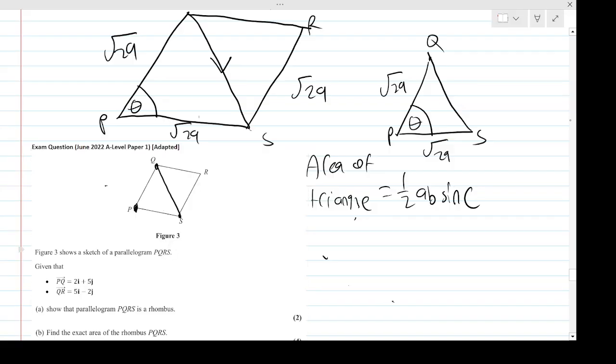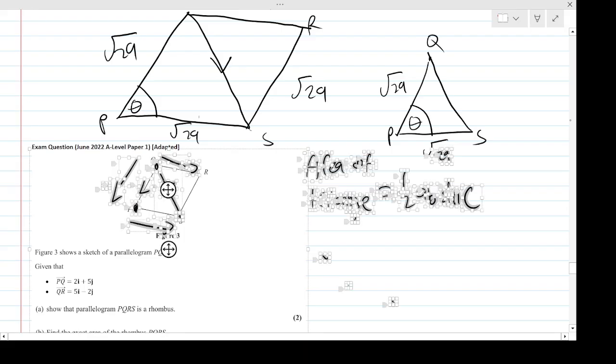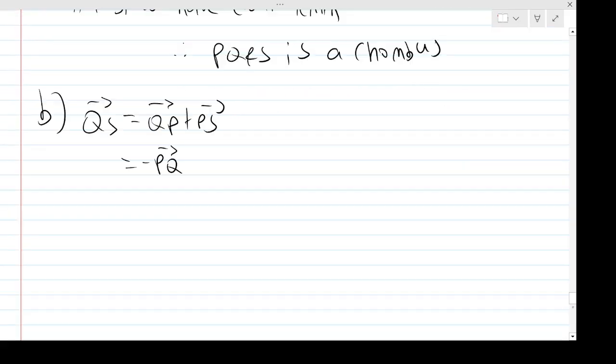I want the vector QS. So I'm going from Q to P, which is there, and I want to go from P to S. But actually, P to S is going to be the same vector as QR because it's a parallelogram. The opposite side is equal. I know what QR is: it's 5i minus 2j. So PS is going to be 5i minus 2j.